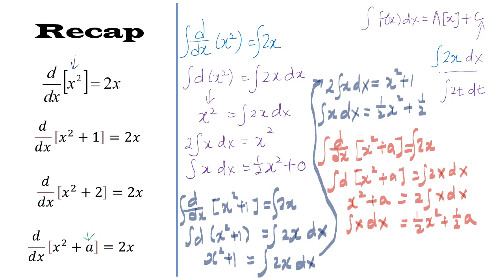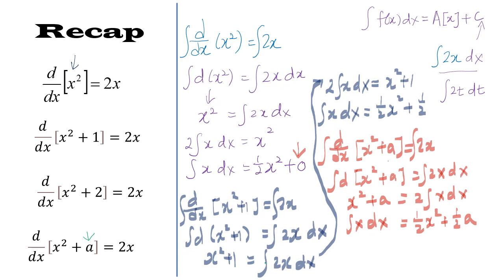All right, so you can see from these examples that I've shown you, when you integrate x, you will get half x squared, but there may be a constant. It could be 0. In this case, if it's 0, that is because you are just differentiating x squared.